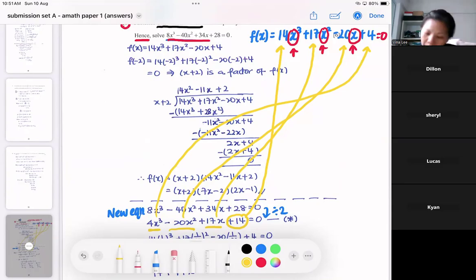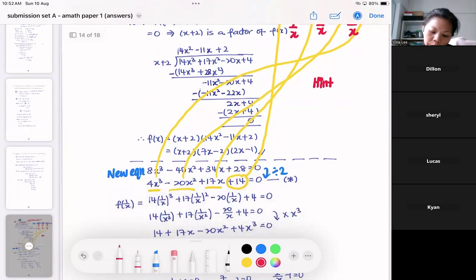Because of the switch in numbers, the hint is the original x has been changed to 1 over x.